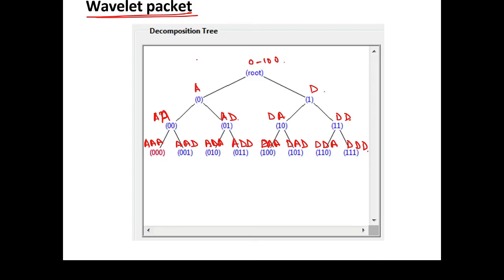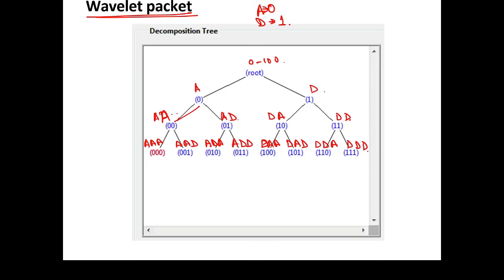And this 0 and 1 is another representation: A is represented with 0 and D is represented with 1. So in textbooks you will find either A, AD and all these things, but in some books it may be represented with 0 and 1. It all depends upon which notations you want to use.